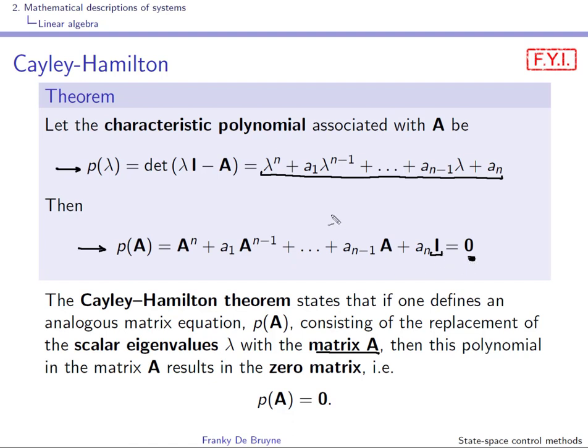So this result in itself is not that important, but what is important is that you can construct a matrix polynomial on this characteristic polynomial.